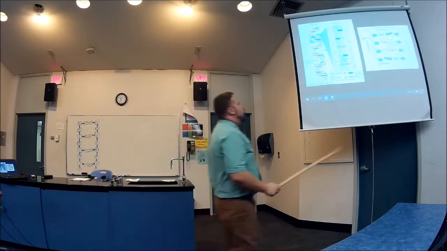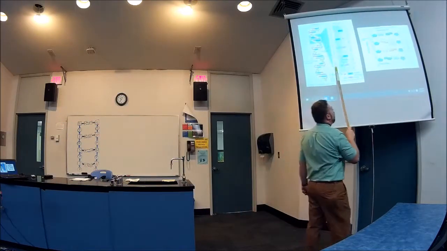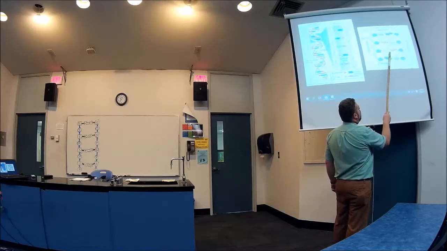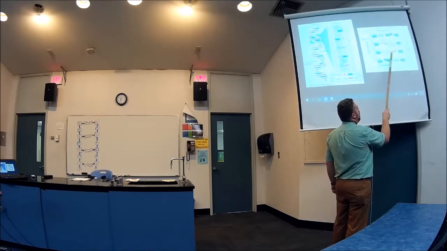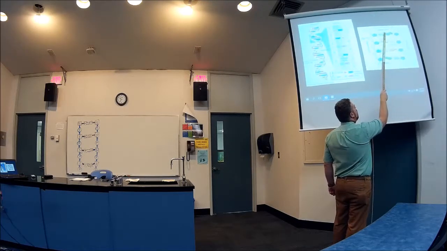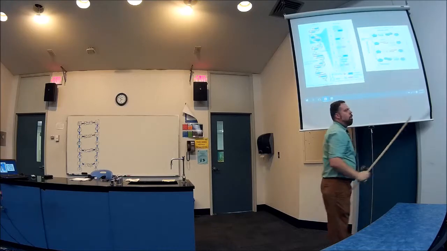All right? Again, it's trying to show you what I drew up there over here. But here you can see there's 3 hydrogen bonds between the C and the G, but 2 double bonds in between the adenine and the thymine.